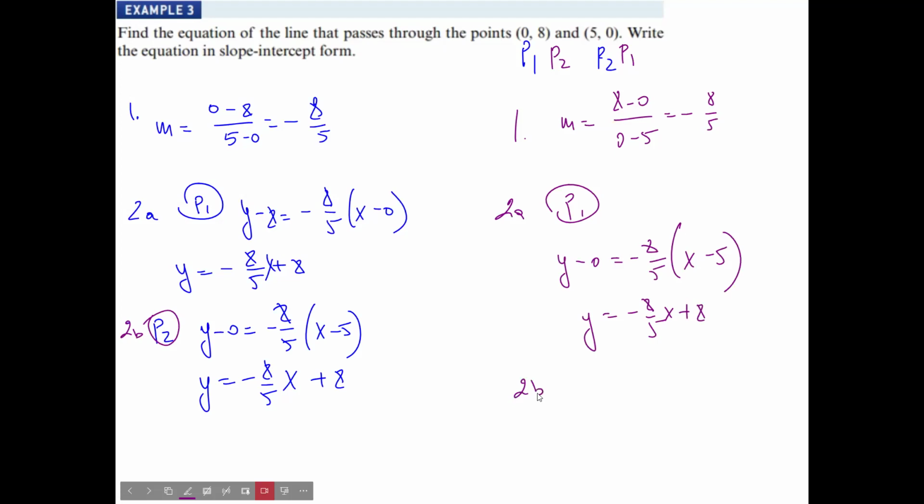And 2b, we take P2. So what is it? Y minus 8 equals minus 8 over 5, x minus 0. So y equals minus 8 over 5 x plus 8. So as you see, whatever you choose, if you do it right, you have the same answer. Okay? Try this one.